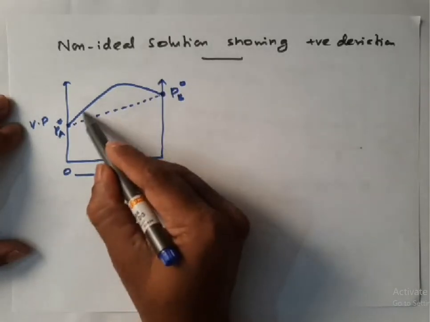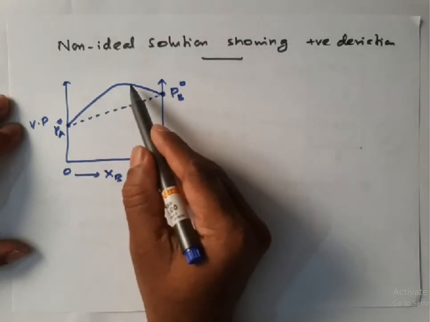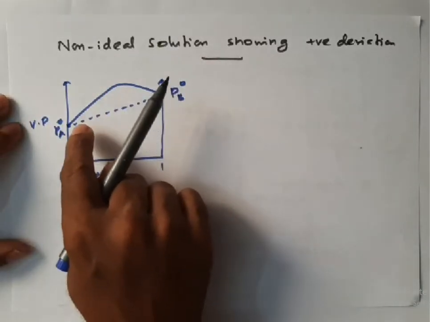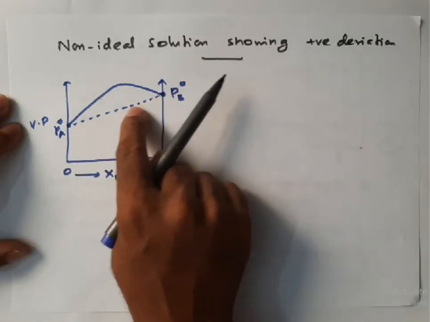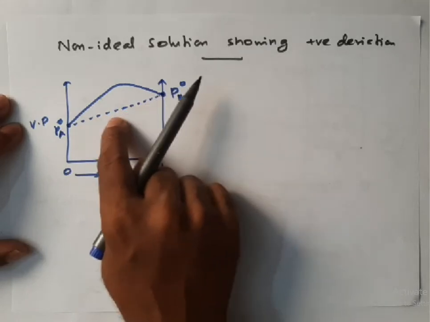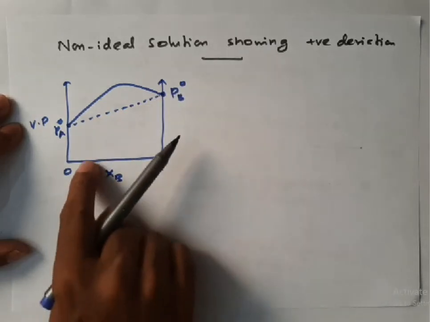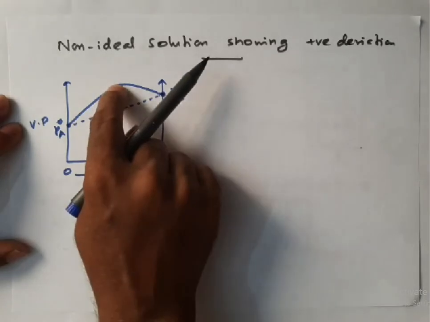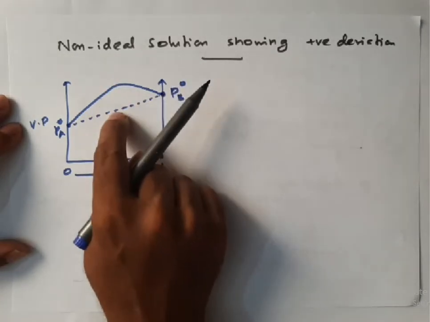So the total vapor pressure of the solution is greater than the ideal line for all compositions. Whatever composition you take, the total vapor pressure is greater than the ideal line.